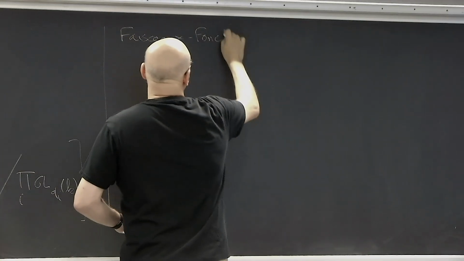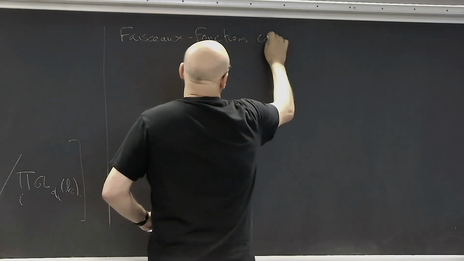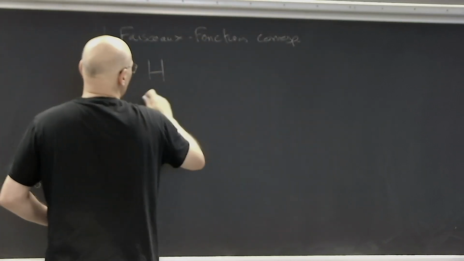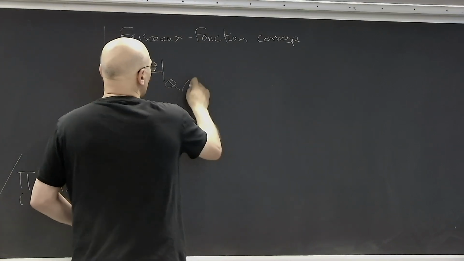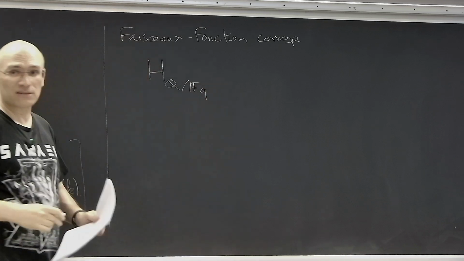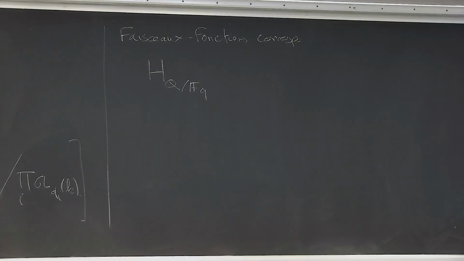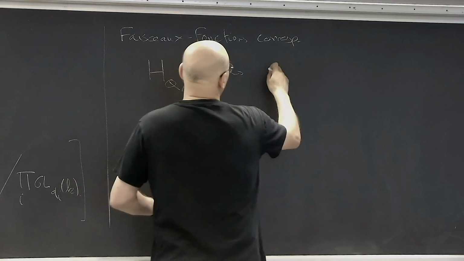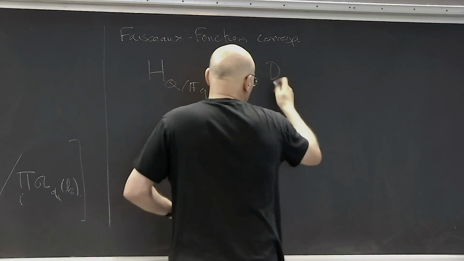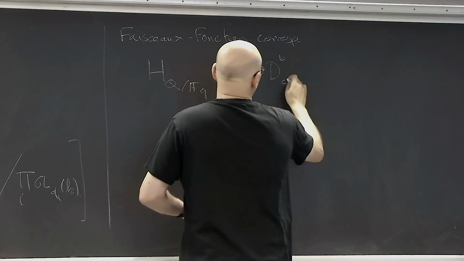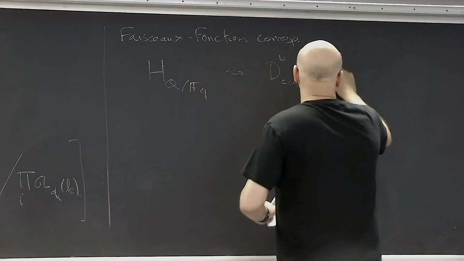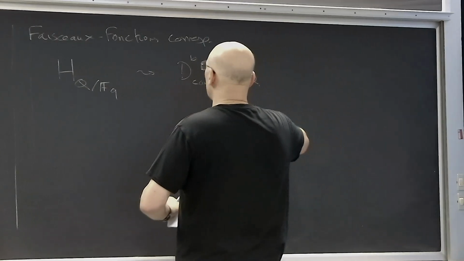Function-sheaf correspondence, and when we're going to replace this algebra of functions over the FQ points by actually, say, a category of, or maybe a subcategory of constructible sheaves on these stacks MQ, let me just say MQ.